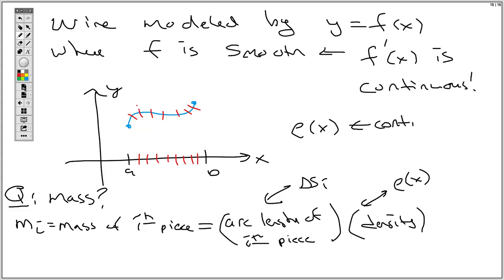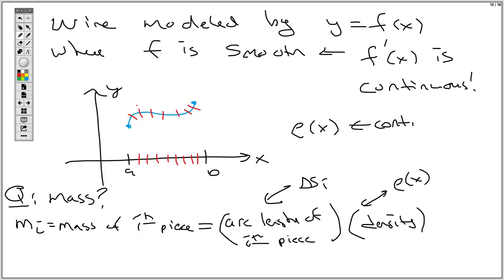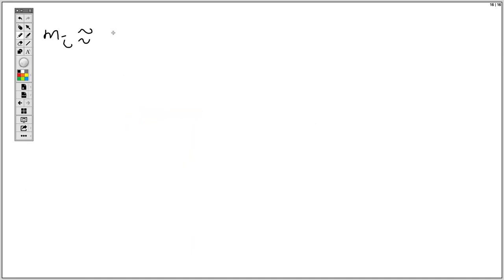So we know how this works. m sub i is going to be approximately equal to, well, we know the arc length differential. That's the square root of 1 plus f prime of x squared. So we'll sample the derivative there at x sub i, because once again, if the pieces are small enough, then the derivative at x sub i is going to be roughly the derivative at x sub i minus 1.